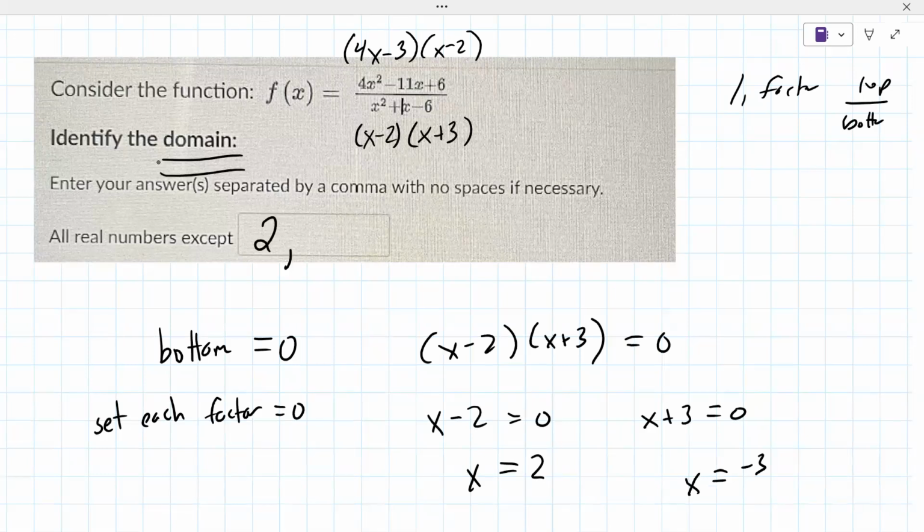These are the excluded values. Any questions on that? No.